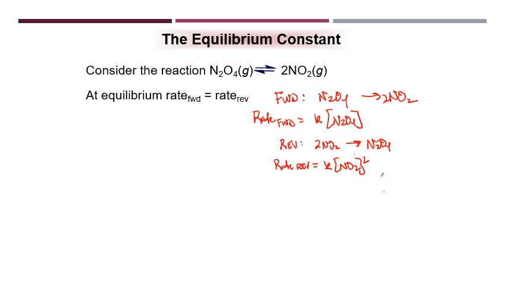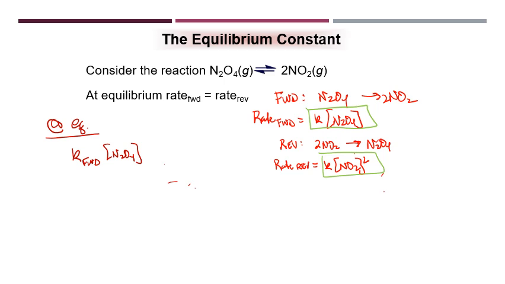Now, since we know that at equilibrium, the rate of the forward and the rate of the reverse reactions are equivalent to each other, I can therefore take these two quantities and set them equal to each other. So I would know at equilibrium that the K for the forward direction times the N2O4 equals the K for the reverse direction times the NO2 concentration squared.